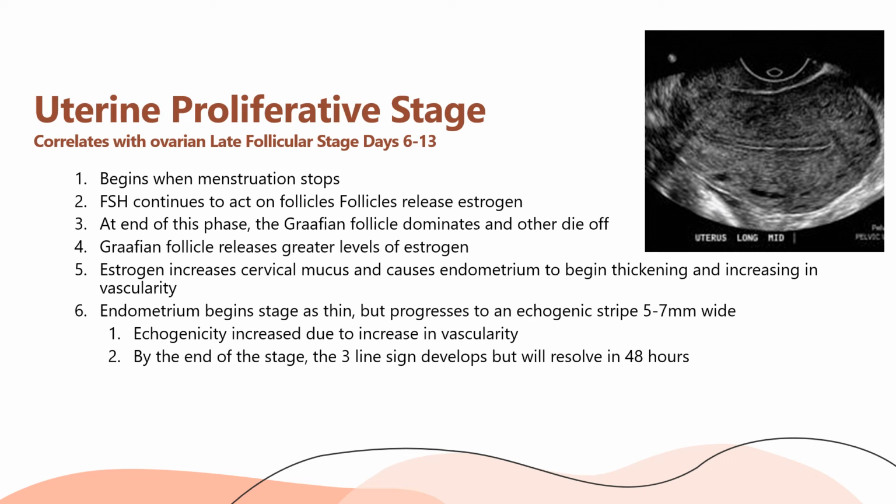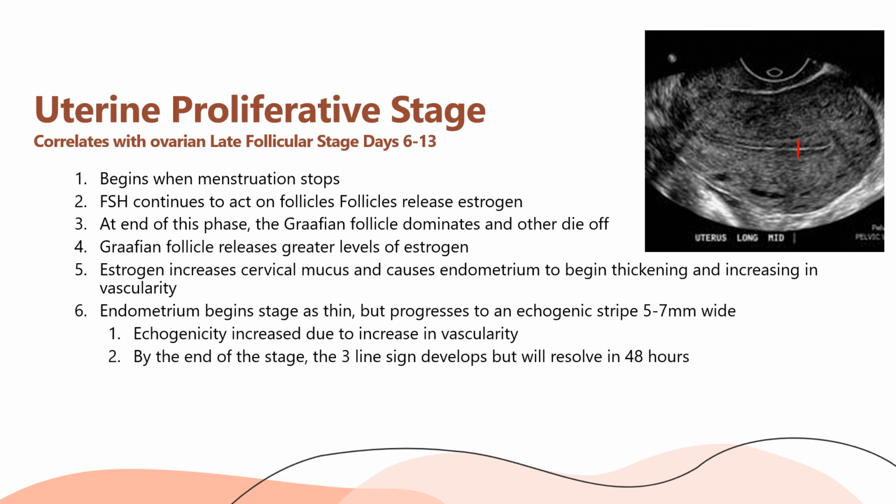Now, a couple other things are happening towards the end of our proliferative phase here. The Graafian follicle is releasing higher levels of estrogen, so you'll see the thickening of that endometrium occur more quickly. However, it still stays very hypoechoic, as you can see in this image here, because it's not secreting a lot of glandular tissue, and the spiral arteries are not tremendously tortuous at this point.